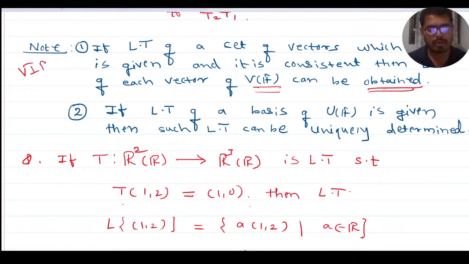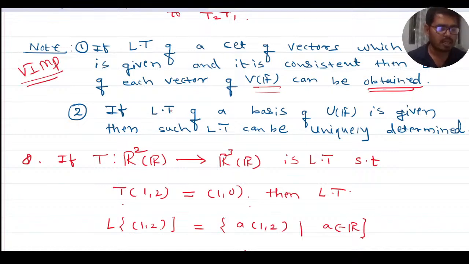Very important, you will see. What have they given you? Just the linear transformation of the spanning set vectors. If the images of the spanning set vectors are given, you can easily find the image of each vector in the domain space.